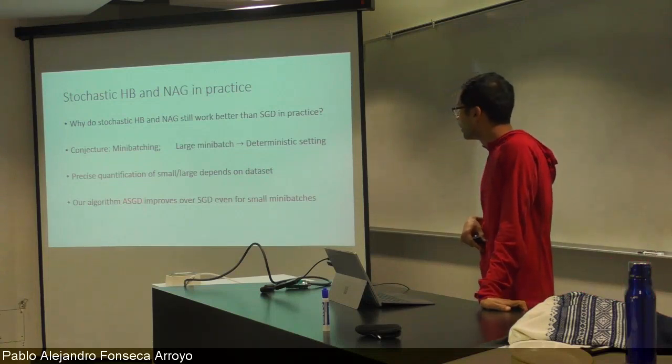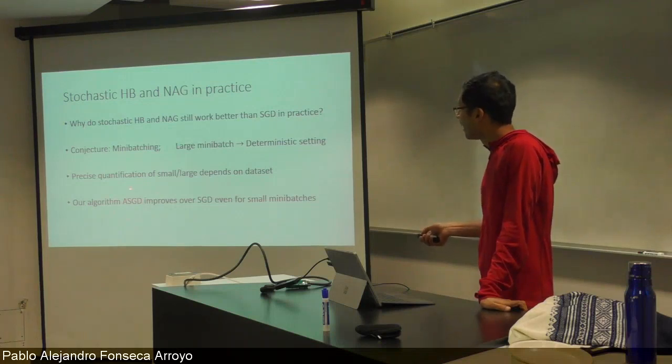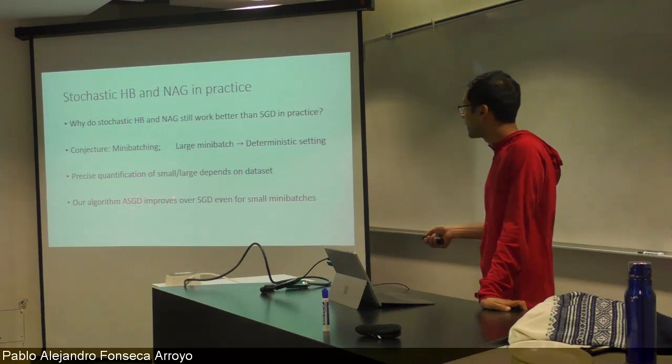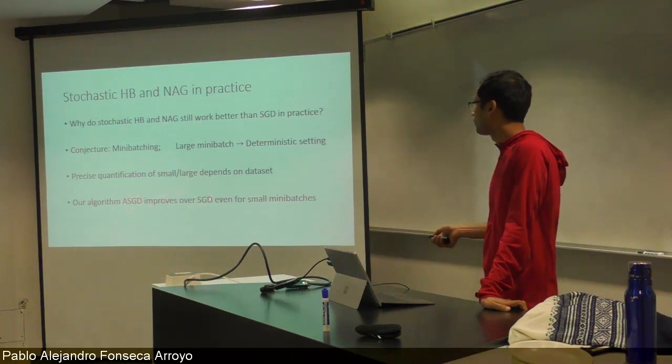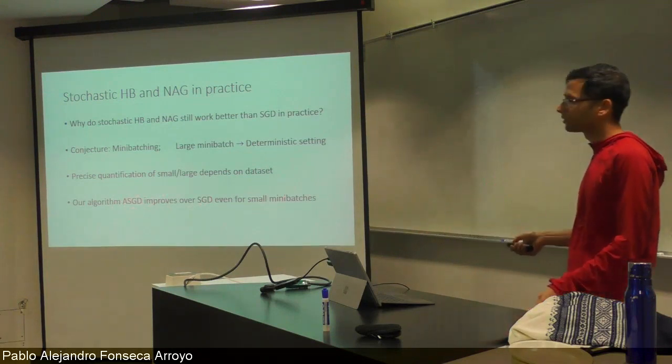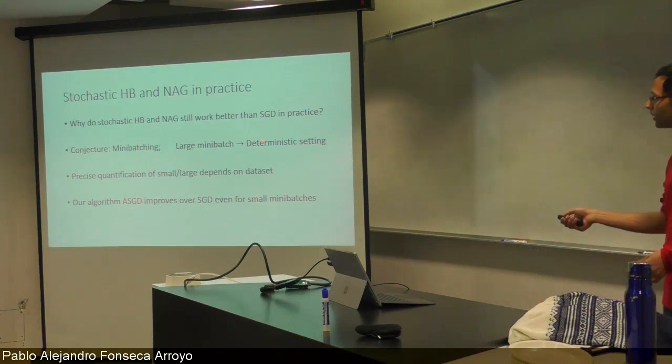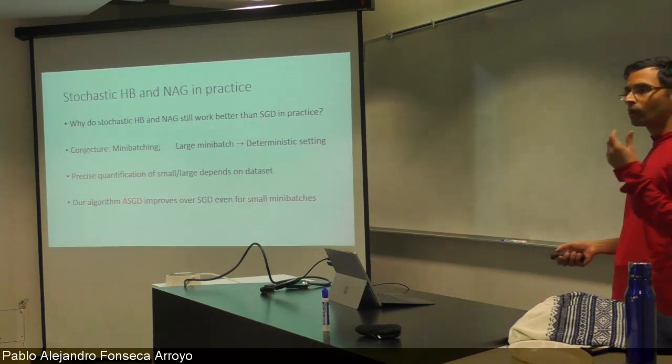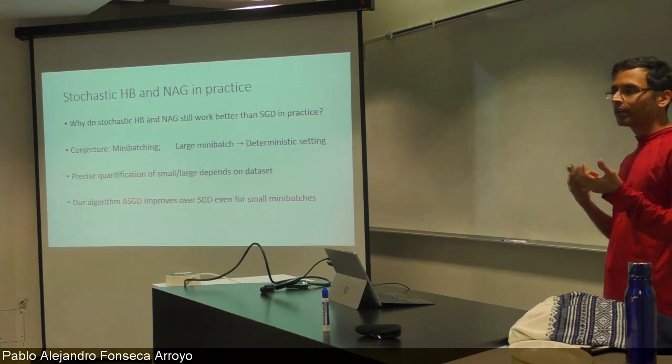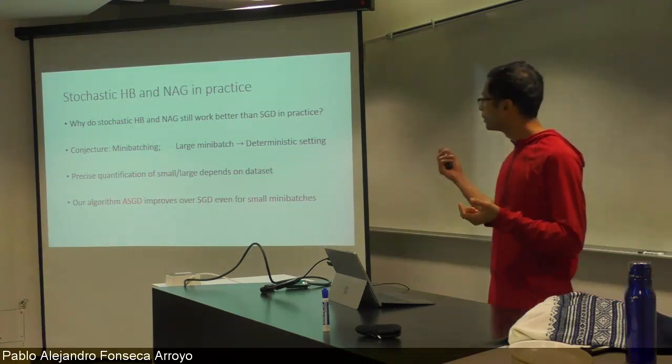Okay, and the value of our algorithm ASGD could be that it can improve upon the performance of SGD even for small mini batches, because we saw that in stochastic linear regression, even with a small mini batch size of 1, we could still expect some improvements over all these other algorithms.